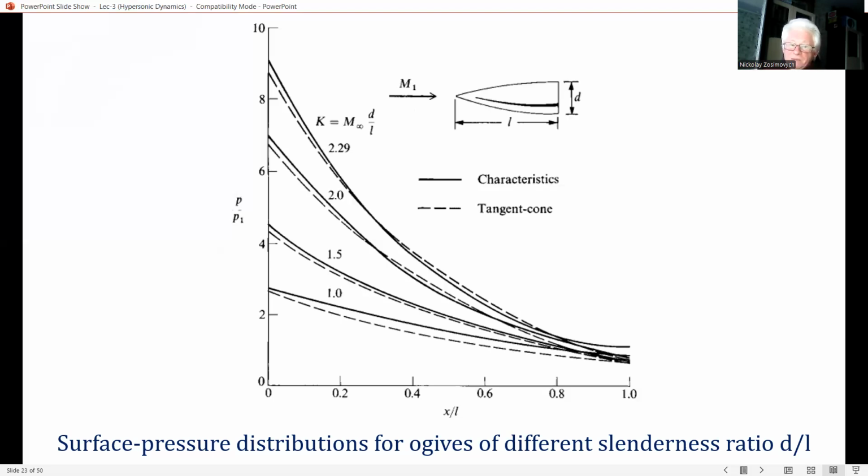In this figure, the parameter K is proportional to the Mach number and the d over L ratio, which we call here the slenderness ratio, sometimes called the hypersonic similarity parameter. Its appearance is simply a precursor to our discussion of hypersonic similarity in the next lecture.